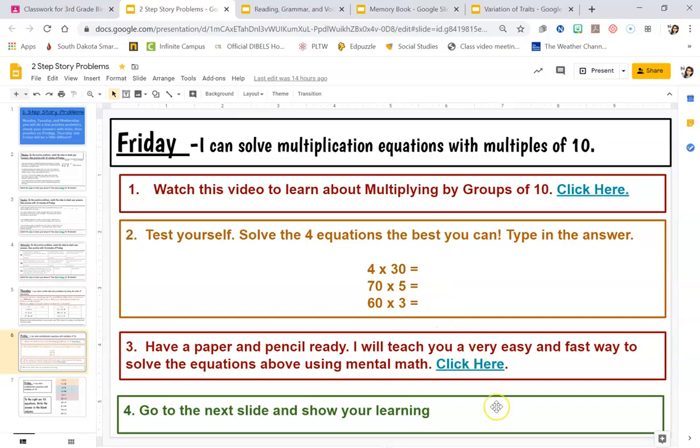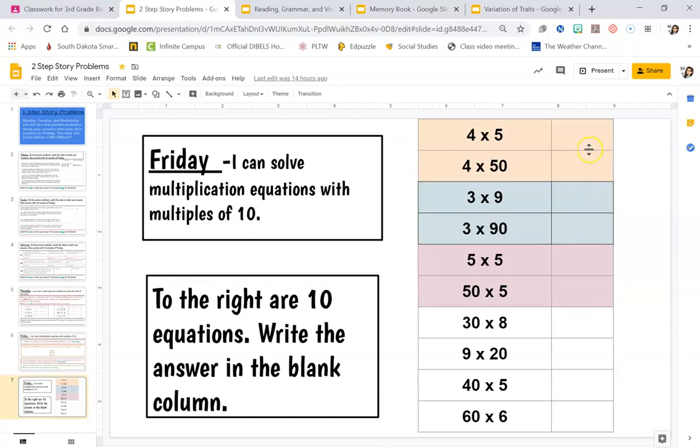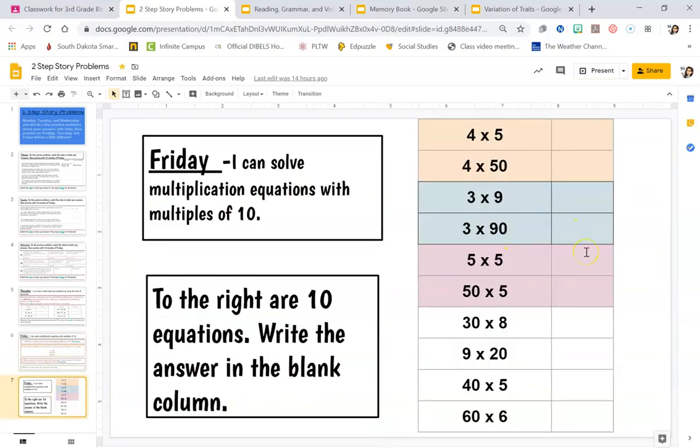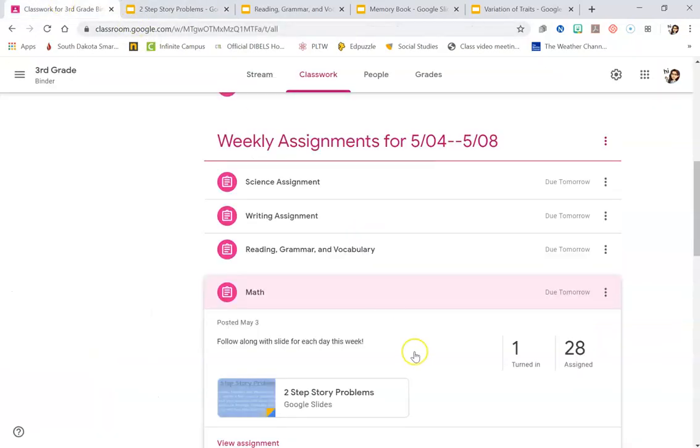Then watch right here, and it's a clue, kind of a trick that you can learn about multiples of 10. Then you're going to go ahead and do this slide. So do these 10 questions over here. And that is your math assignment for today. So watch the video, try these 3 equations, watch the video to check your answers, then go ahead and try to do these on your own, multiples of 10.